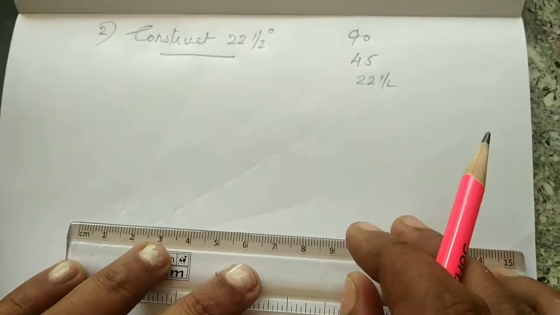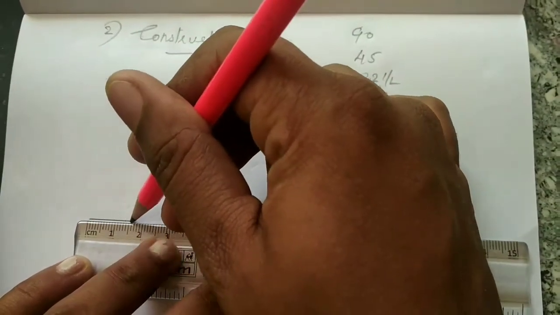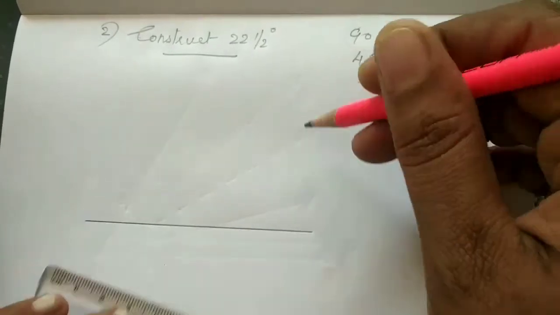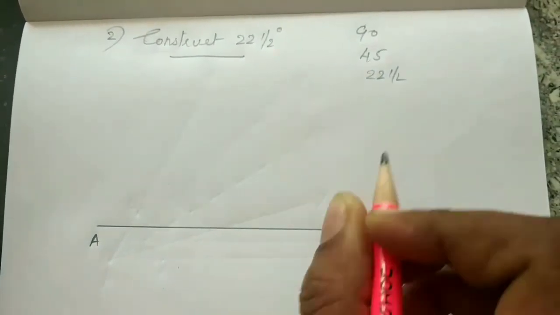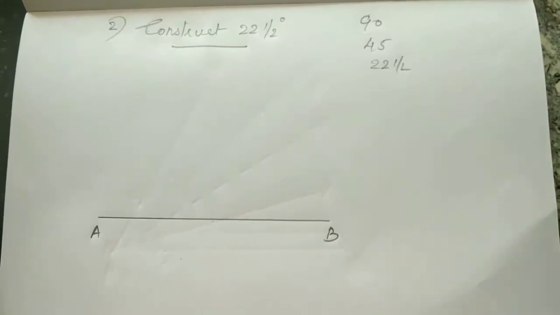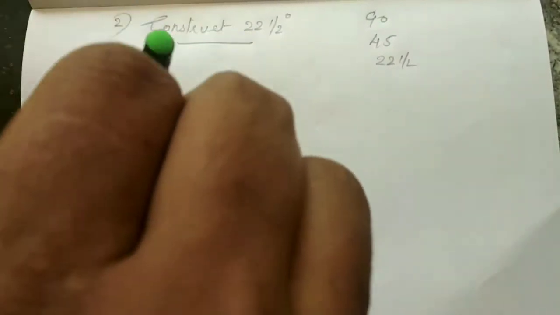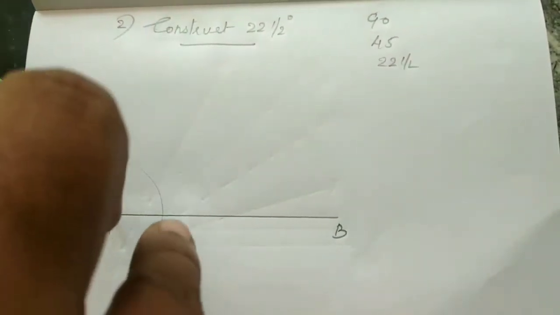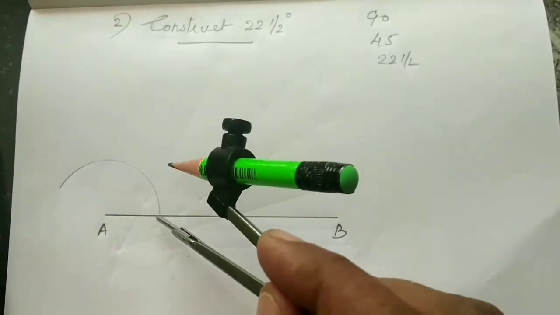So first we draw a line segment AB. And draw a convenient arc like this, and we just cut this arc 2 times.